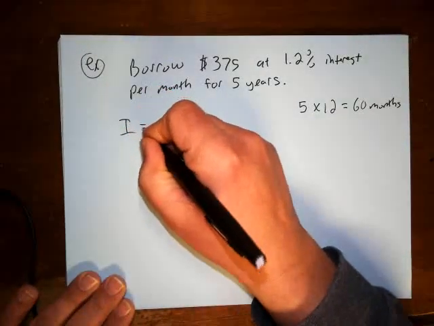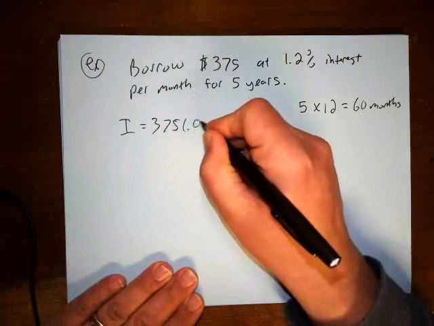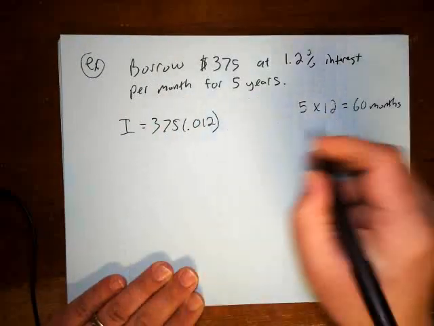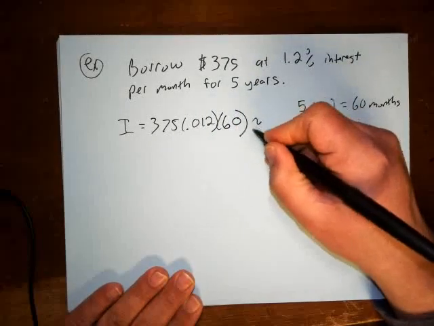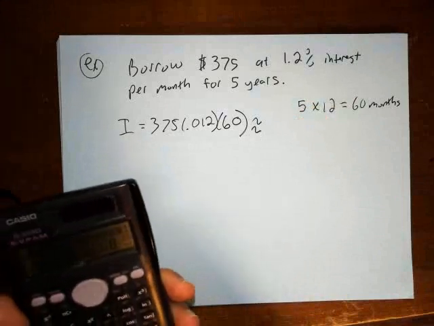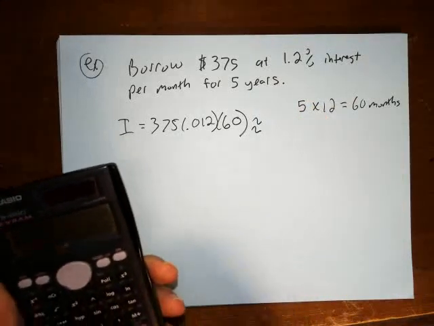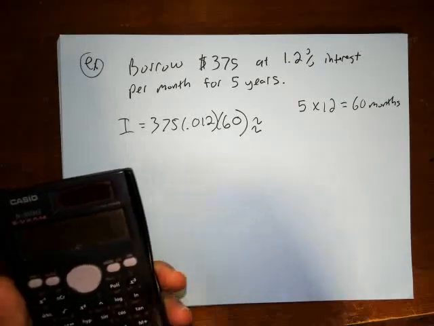And so the interest that I owe would be $375. Move the decimal point over, and this would be for 60 months. 375 times 0.012 times 60.